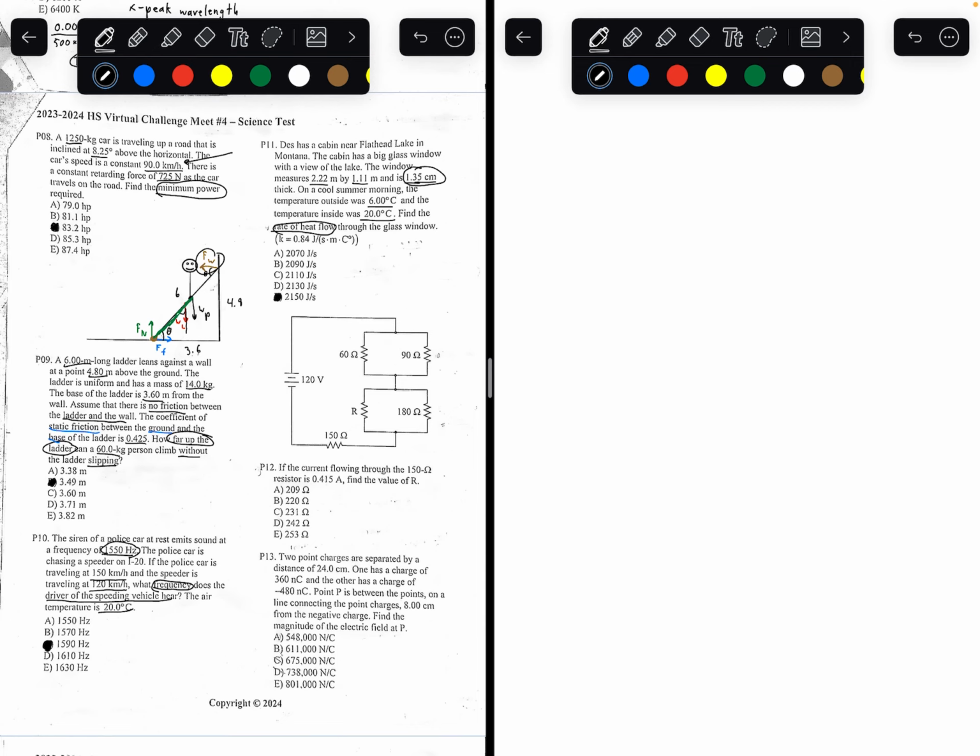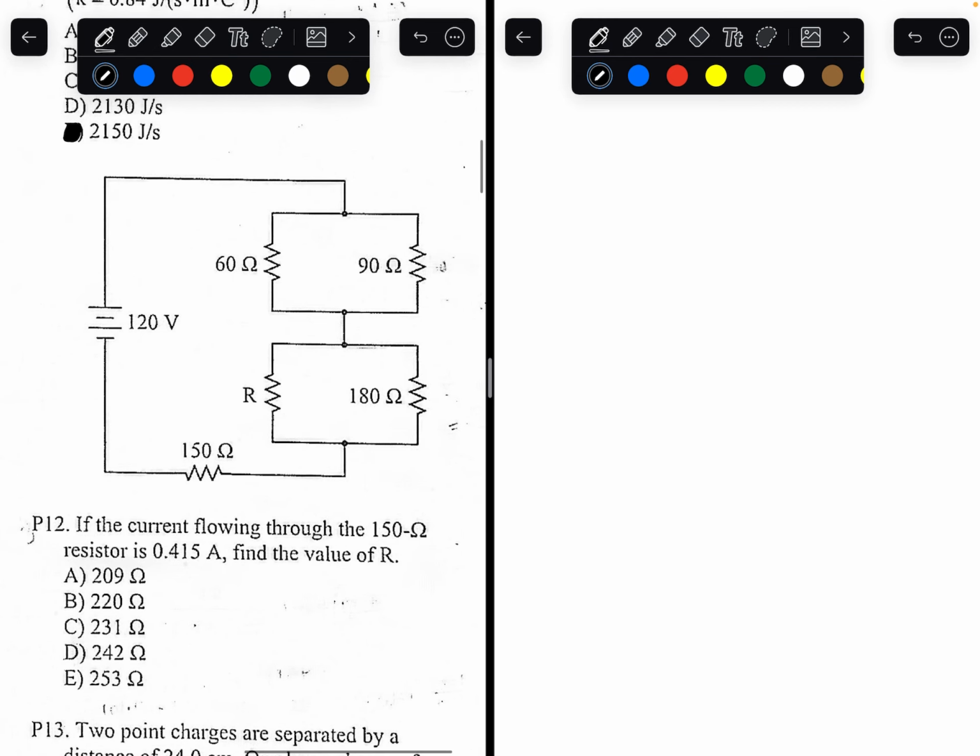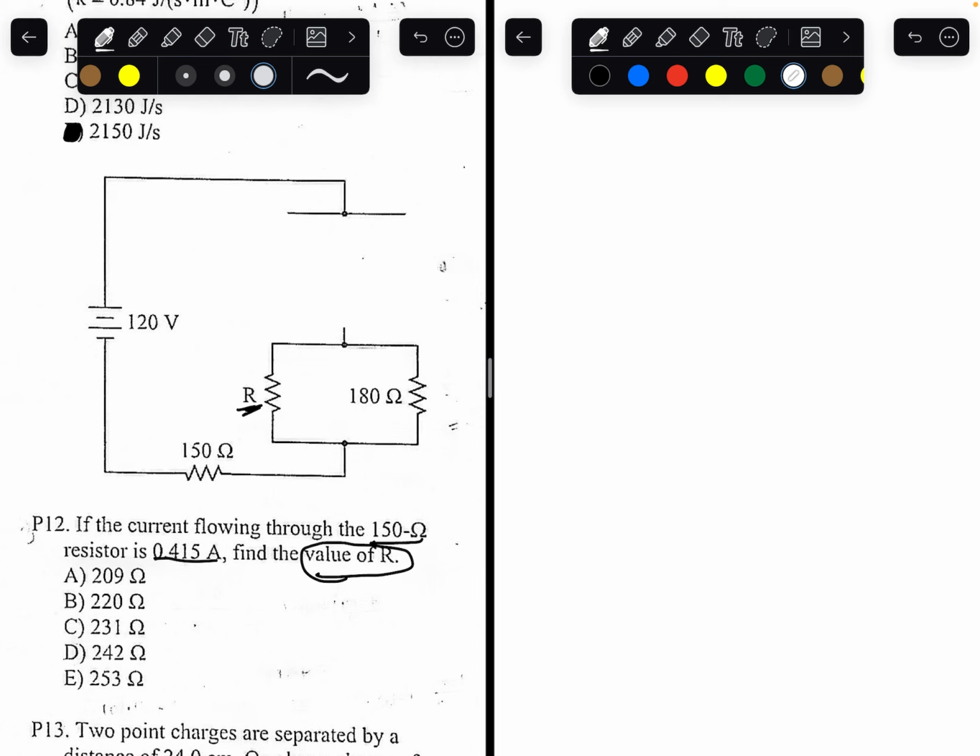Number 12. If the current flowing through the 150 ohm resistor is 0.415 amps, find the value of R, which is this resistor right here. If we combine the top resistors, we would just get one resistor of value R1.